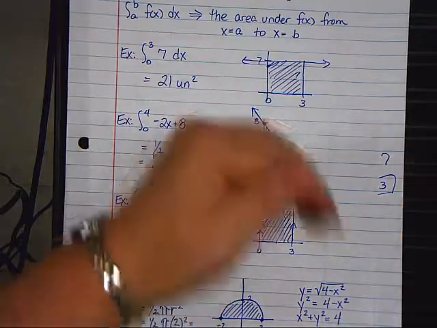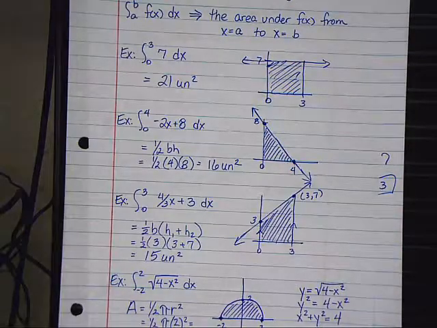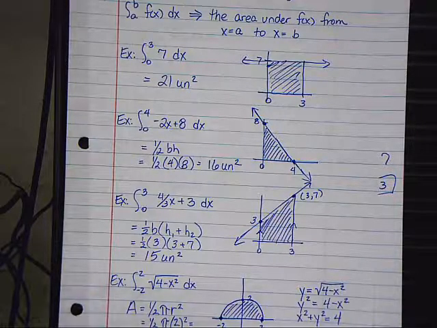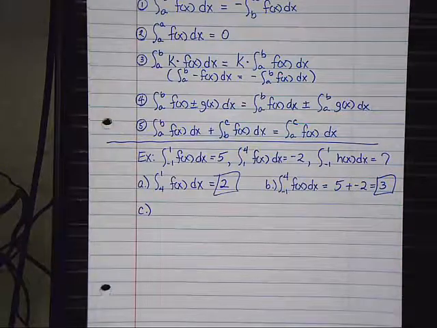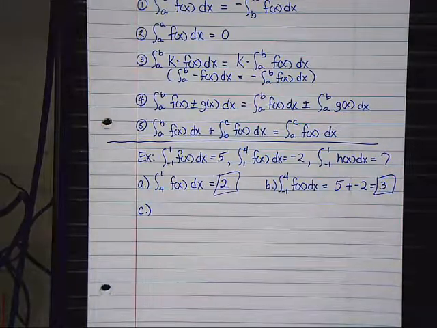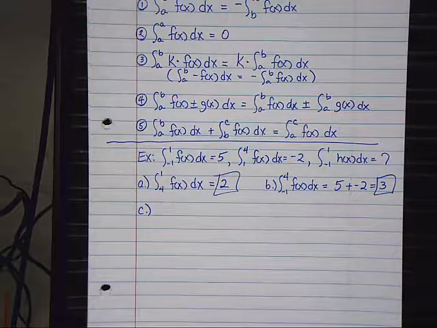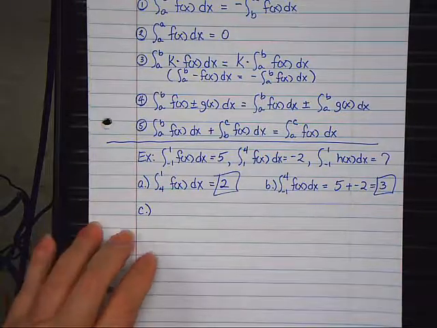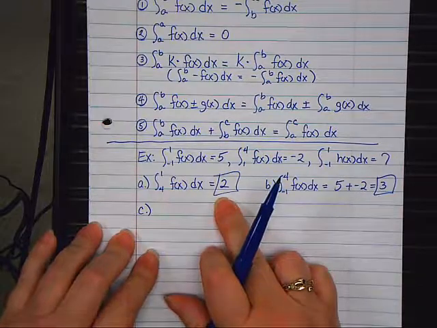Because all of these functions are above the x-axis. If the function's below the x-axis, it comes out with negative answer. Okay? So that's why when you switch them, it turns positive.